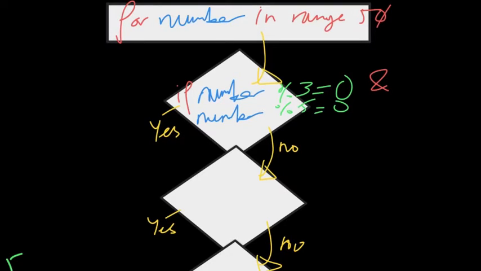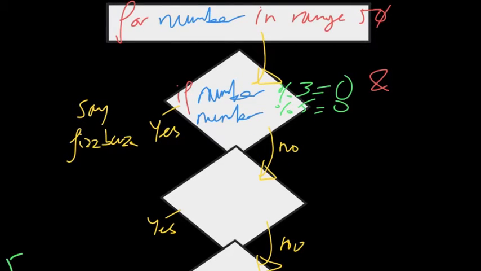If that condition is met and it's a yes, we will say Fizzbuzz. If it's not, if both conditions are not met, then we go to the next one underneath. We go to the next condition because it's a no.